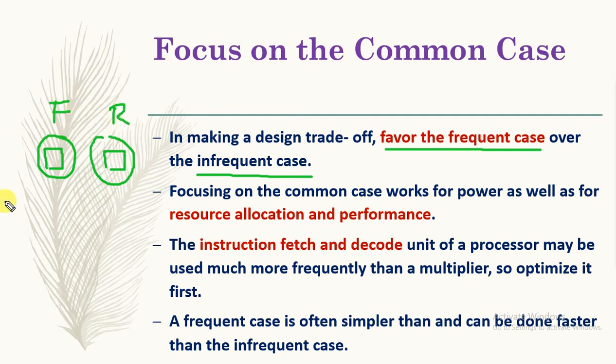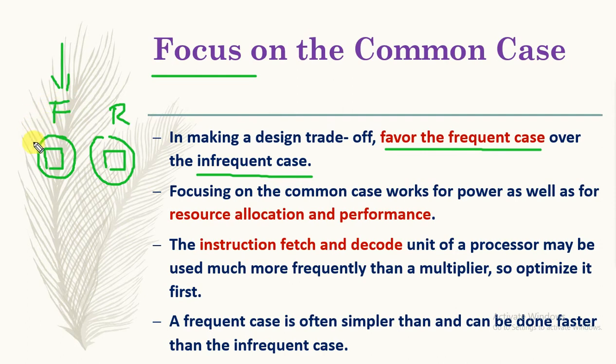So every time, in order to increase the speed or parallelism of the system, we need to focus on the common case. Which is the common case? The common case is the frequently used item, not the rarely used item. So we need to always focus on the common case, which is the very frequent one.